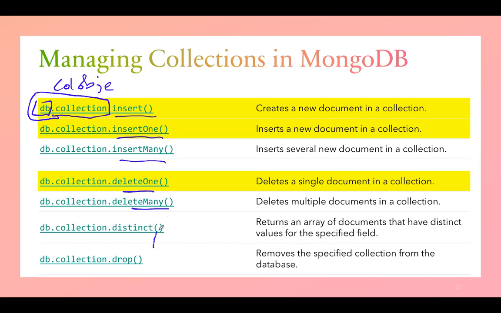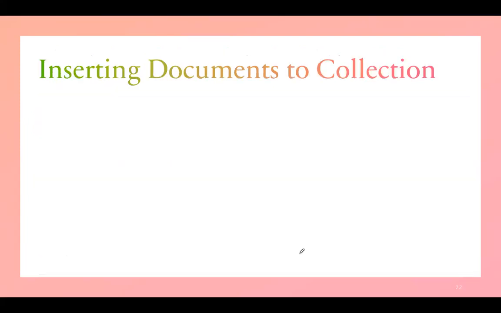Definitely, we have to pass something else in this parenthesis, because those are the examples we will see in the next couple of slides. But for now, if we want documentation on the list of methods, this is something you can use, okay? You can drop a specified collection from a database, things like that.